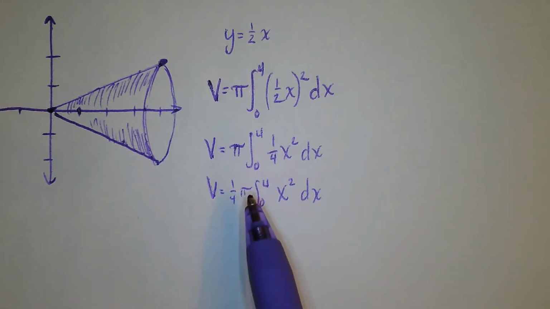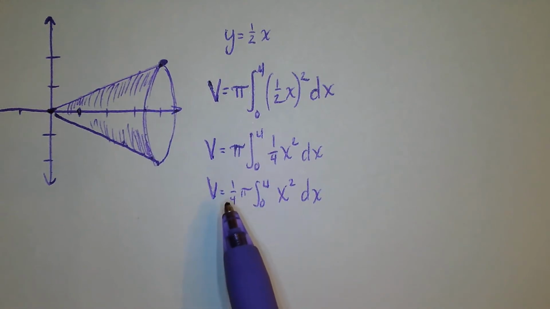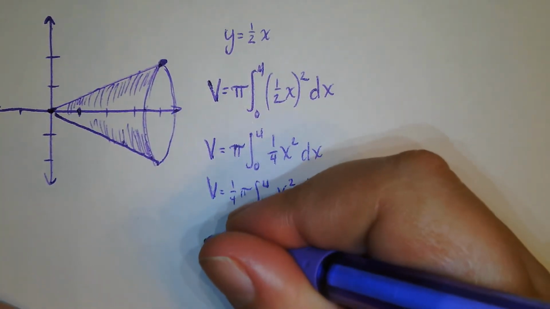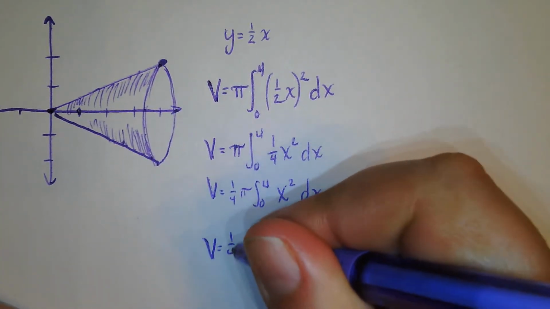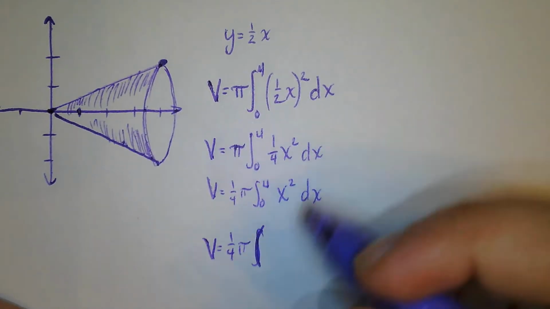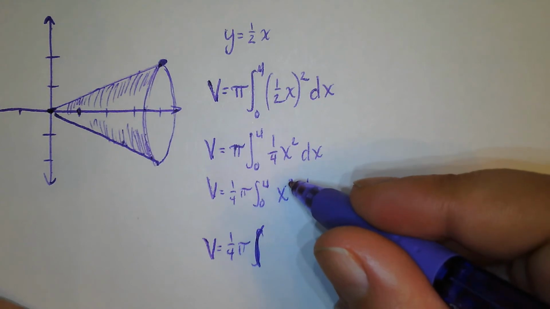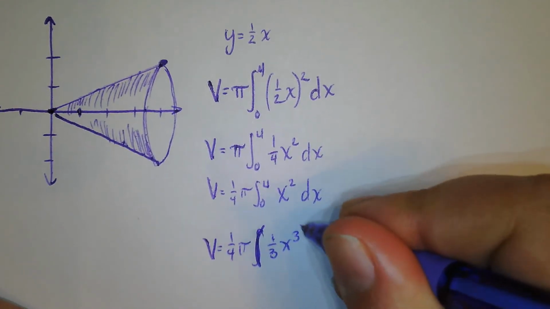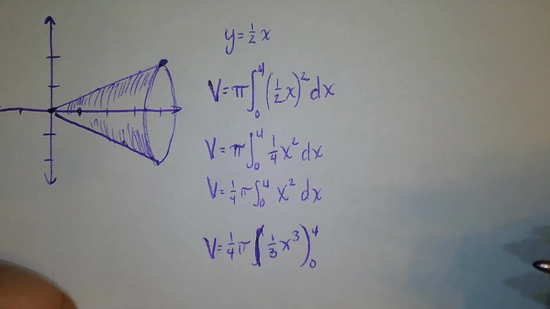I squared it, got the 1/4, and pulled the 1/4 out front with the pi because it was a constant. Now I can do the integral. This one's actually pretty easy. Volume equals 1/4 pi times, x squared, I'm going to increase that to 3 and multiply by 1/3. 1/3 x cubed from 0 to 4.